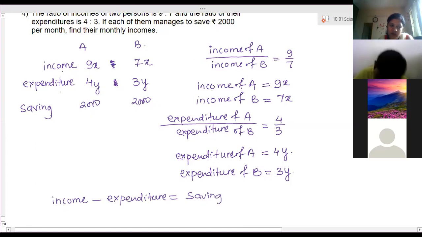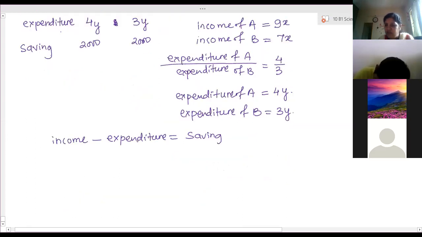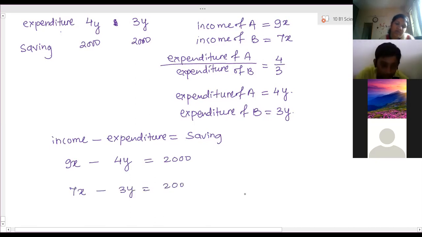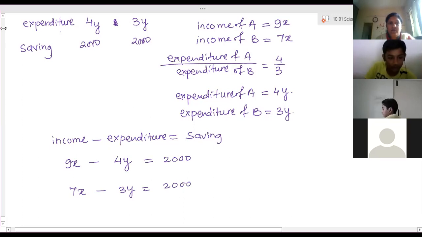What was my income? What have I spent? So the first equation is 9x minus 4y is equal to 2000. And the second equation is 7x minus 3y is equal to 2000. Clear? Yes, ma'am.